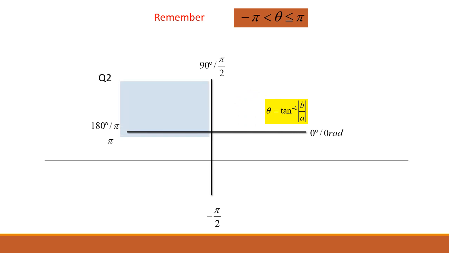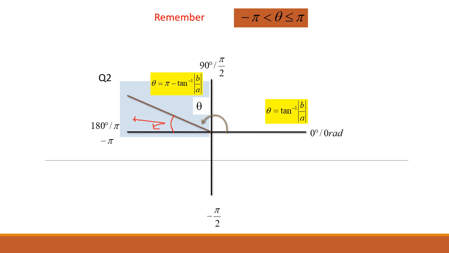And then for the second quadrant, the theta we want to find is actually from the positive real axis, from 0 to this line. But in trigonometry, we can only find the angle for this part, by using the same formula, arctangent of b over a.